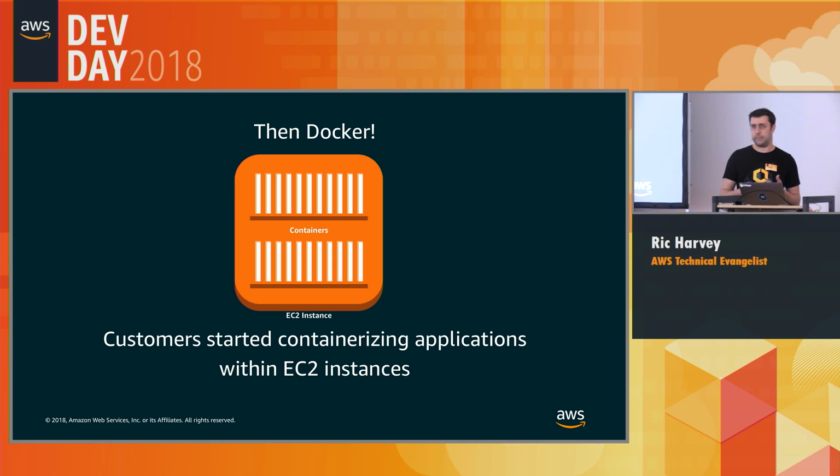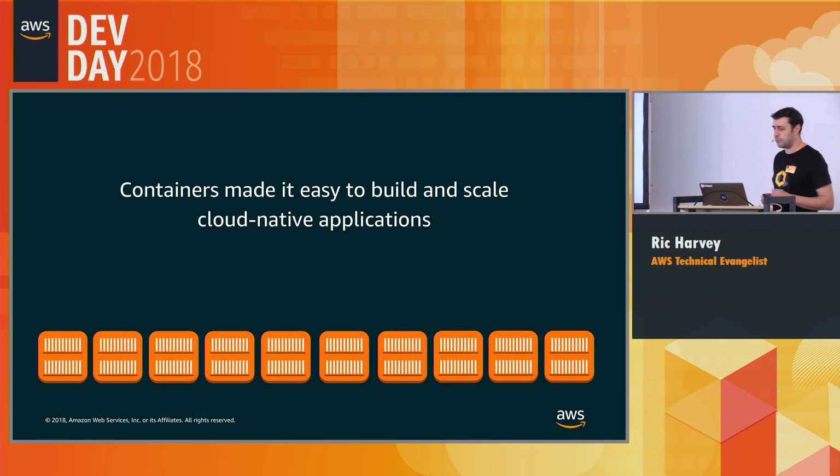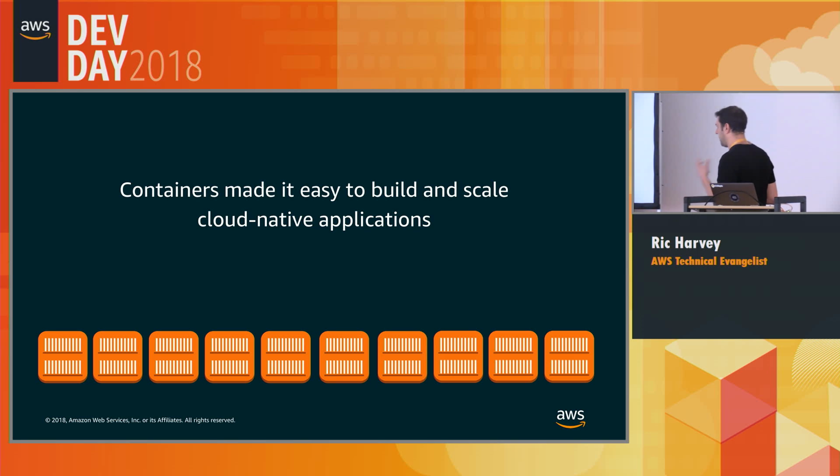We could get better bang for our buck on cost. We could put more containers on the same host, run more workloads without them interfering with each other, and better use our CPU and RAM resources on there. So that was great, but it was very, very difficult to manage that over a large fleet of servers.